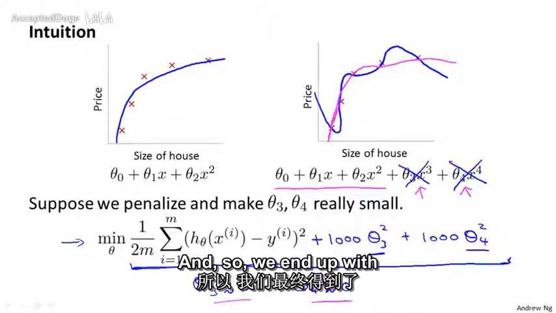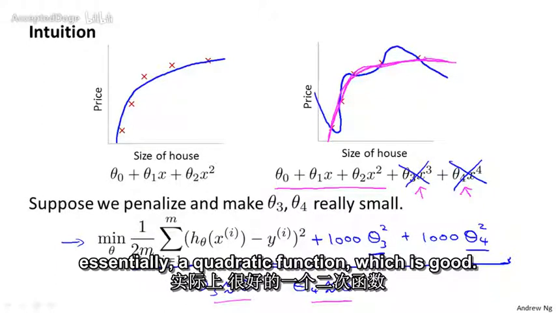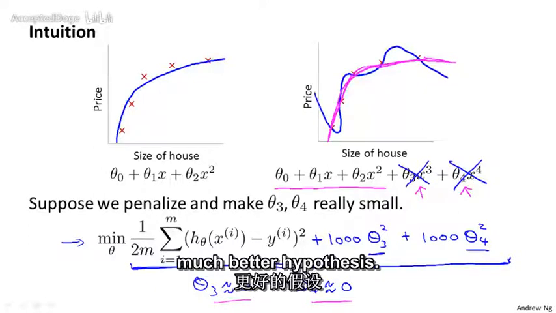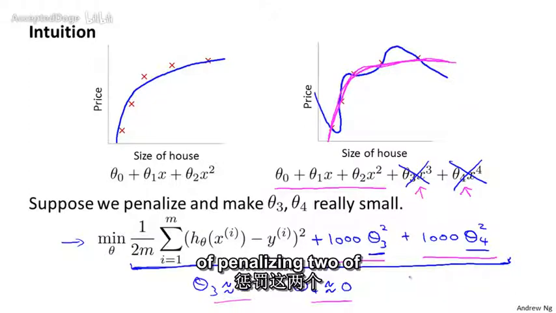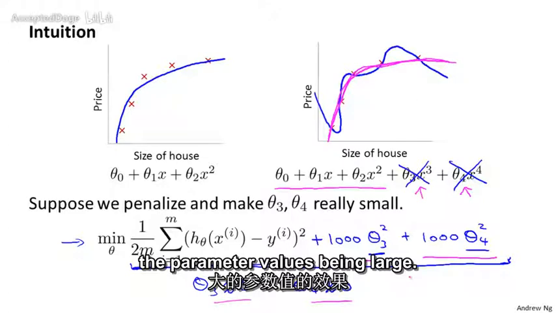And so we end up with essentially a quadratic function, which is good because it's a much better hypothesis. In this particular example, we looked at the effect of penalizing two of the parameter values being large.